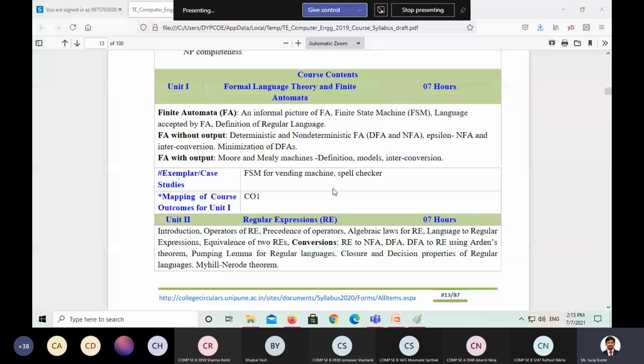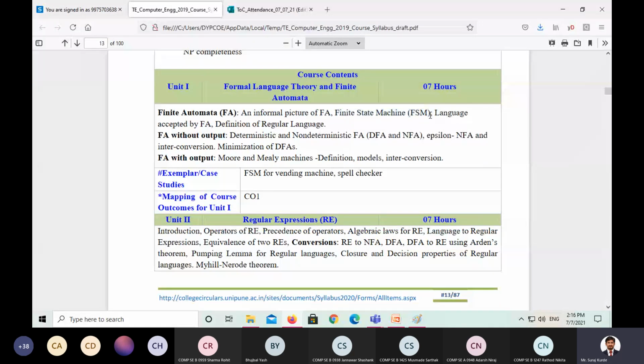So till now what we have seen: finite automata, the informal picture of finite automata, then finite state machine, then language accepted by finite automata. The language which is accepted by finite automata is a regular language. Definition of regular language: it is a language accepted by finite automata. Then the properties of a regular language.